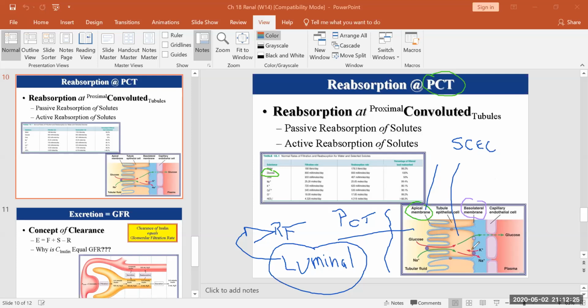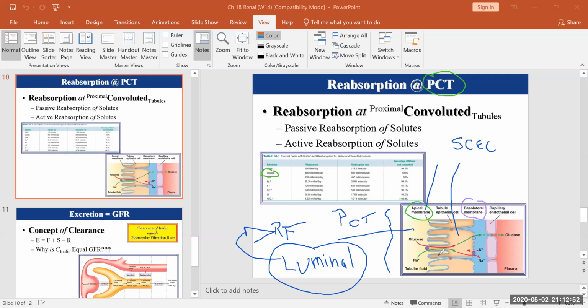The cell looks like a cube, right? So glucose from the renal filtrate on the luminal side of the proximal convoluted tubule gets into the simple cuboidal epithelial cell lining the wall of the PCT by secondary active transport.